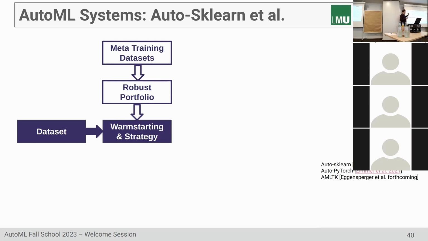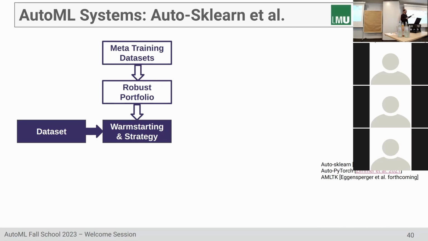We have some meta-training data sets, so we actually pre-train, well, not a network here, but we learn a portfolio of what methods would work well in general on new data sets, and then for a new data set, we use this portfolio to warm start a global optimization, in this case a Bayesian optimization algorithm, to tune a scikit-learn pipeline for us.